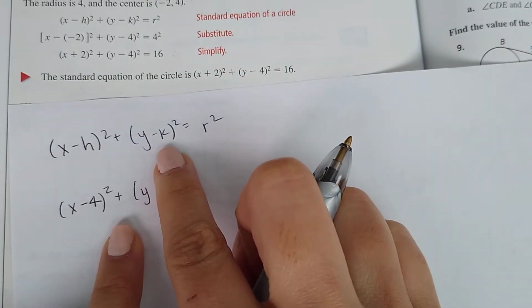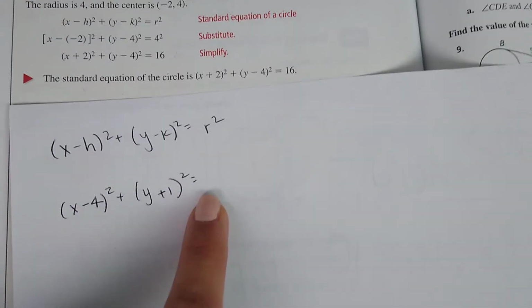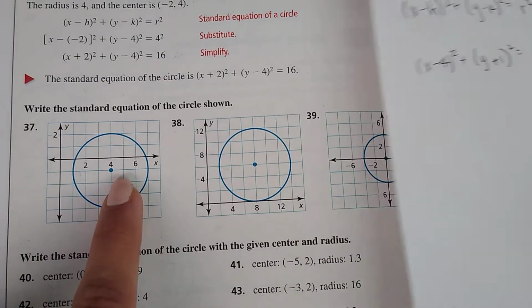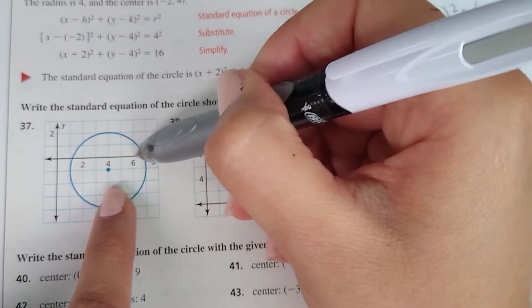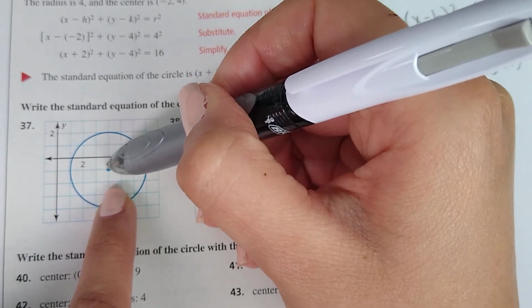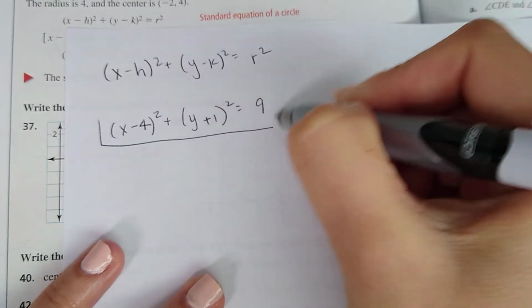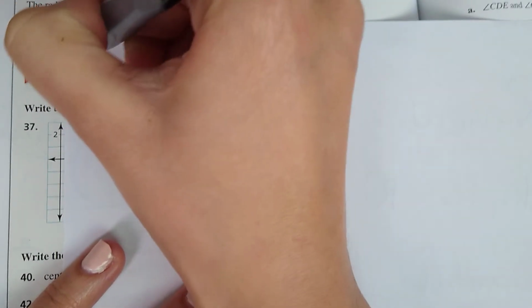So y minus -1 would be just a +1 squared equals my radius squared. So my radius in this case, each unit is 1. So 1, 2, 3. 3 squared is 9. Okay, so this is the standard form for number 37.